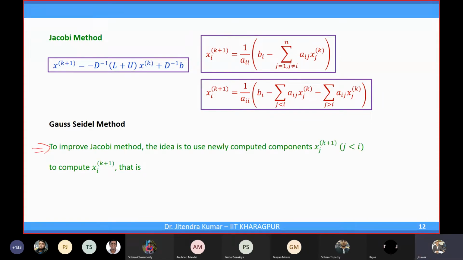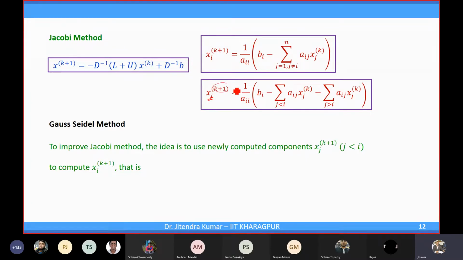This Gauss-Seidel method was developed just to improve the Jacobi method. The idea was that when you are computing the ith component of that vector, you already have the 1, 2, 3, up to i minus 1 components, because you start with x1. You have computed x1, the first component of that vector. Then you have computed x2, the second component.